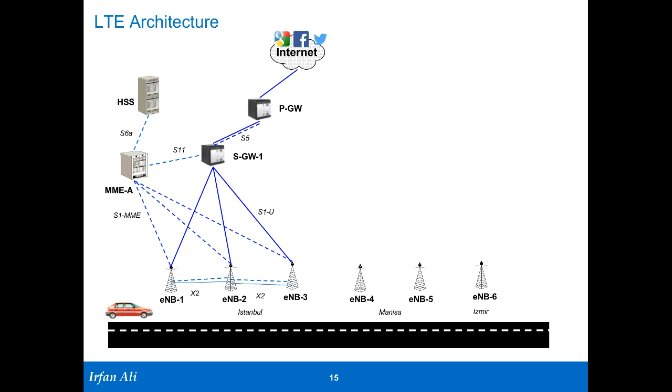There's one more interface, and that is the interface between the base stations themselves, and this is used for handover. So when you move from this base station to the next base station, some of your internet packets may have already come down to the old base station in the meantime while you moved over, and that packet is transferred from your old base station to the new base station.